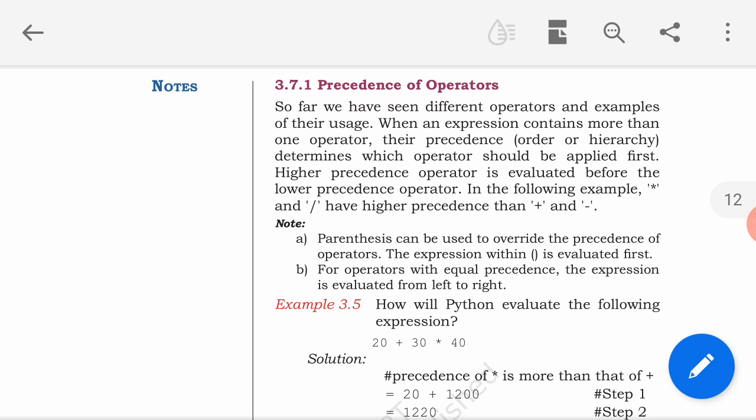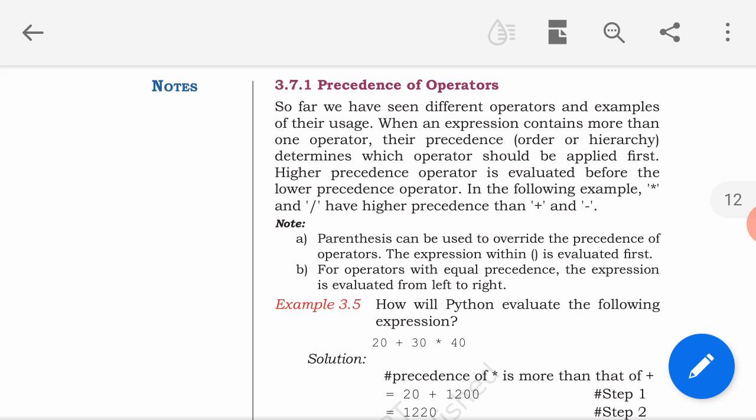A higher precedence operator is evaluated first, and then the lower precedence operator, if there are a number of operators in an expression. Parentheses are used to override the precedence of operators, meaning whatever expression is within the parentheses, or round brackets, is evaluated first.